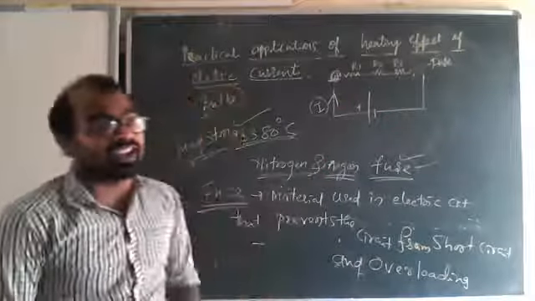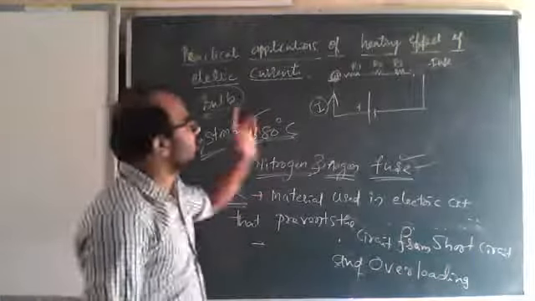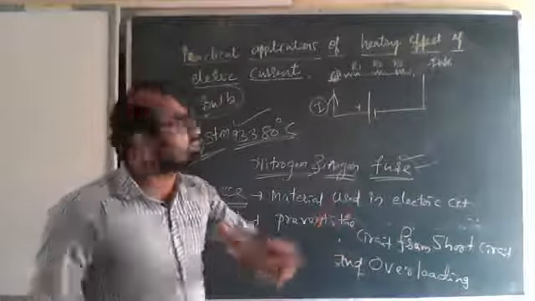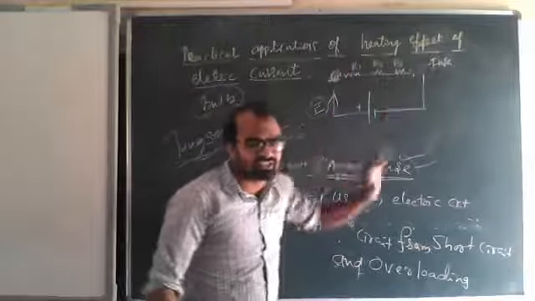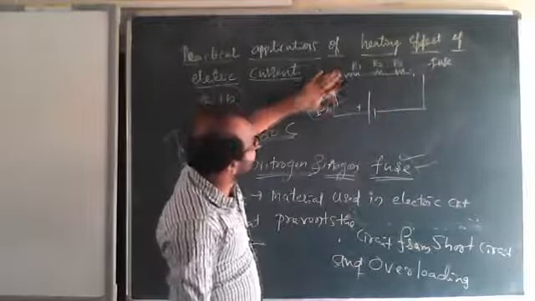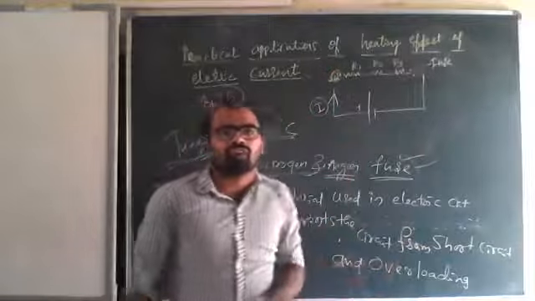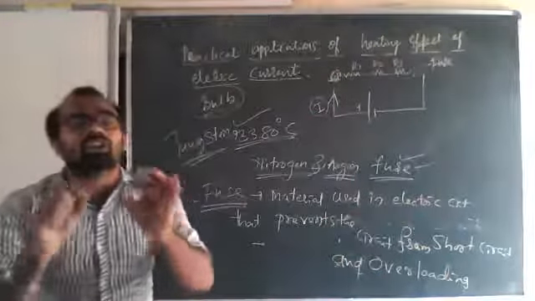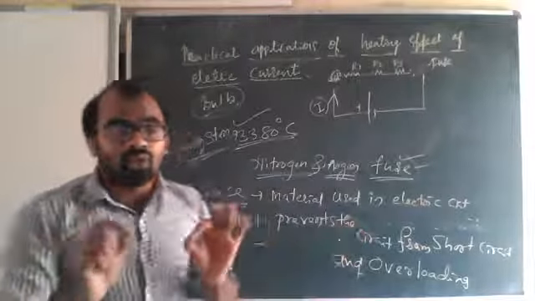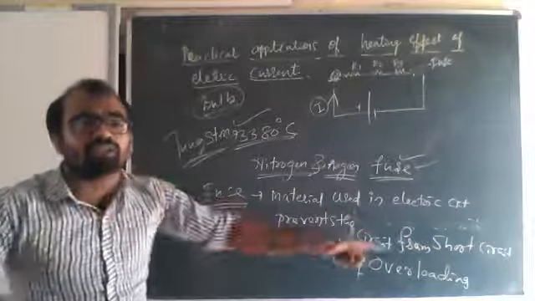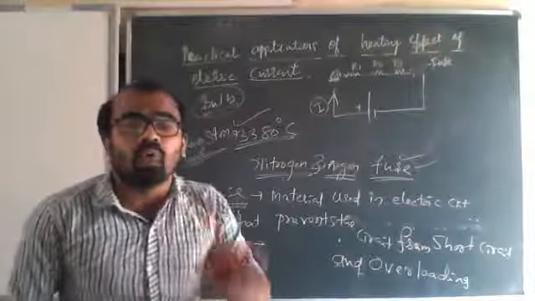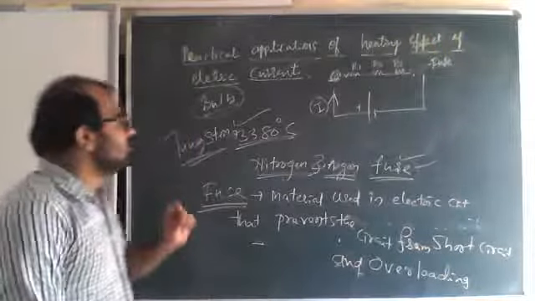But if it is connected in series, when it melts, the current will not flow at all through R1, R2 and R3. See here, they are all in series. It melts here, then there is no path for the flow of current. When there is no path, current will not flow at all in the circuit, so there will not be any short circuit or overloading. Okay, this is the thing.